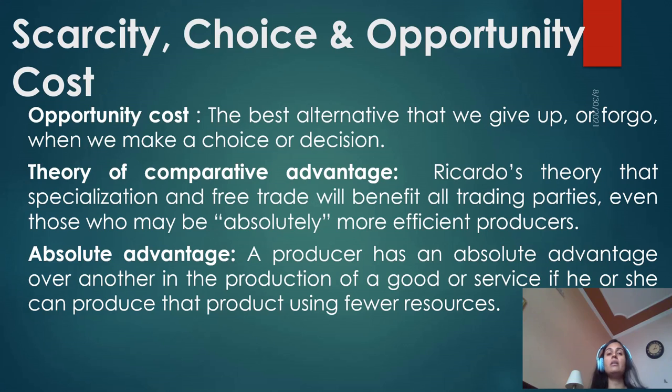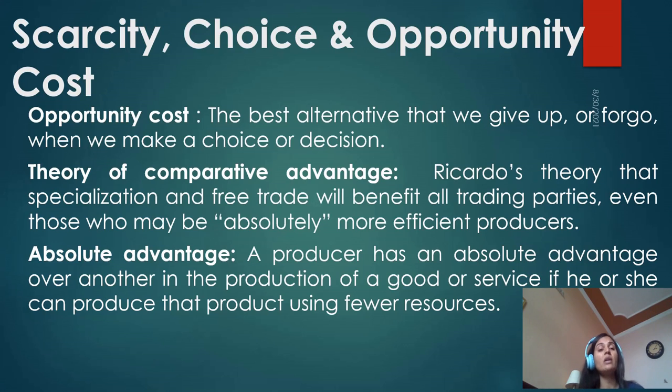Whenever we make a decision, we have n number of choices in front of us, and we select the best and reject the rest of the alternatives. So the rejection of the best alternative is the opportunity cost that we are paying. If the opportunity cost of an alternative is very high, we just don't go for that alternative.